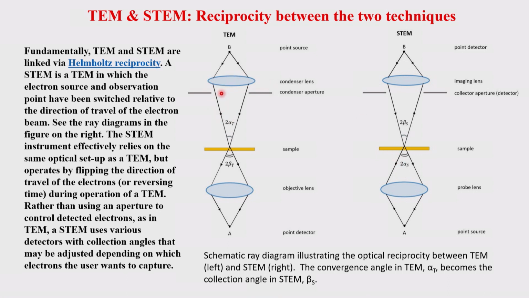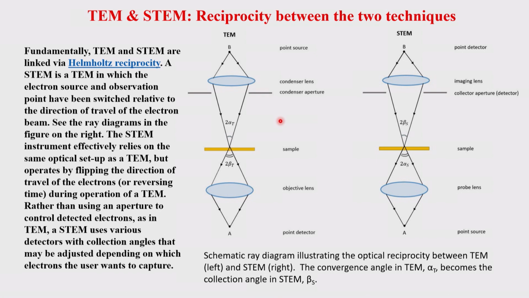If you look at this condenser, aperture, etc., this angle here and that angle are swapped. This one line here is equal to this one, and these are not the same, because this is from the source side and this is from the detector side. The other angle here is on the detector side and that is on the source side.